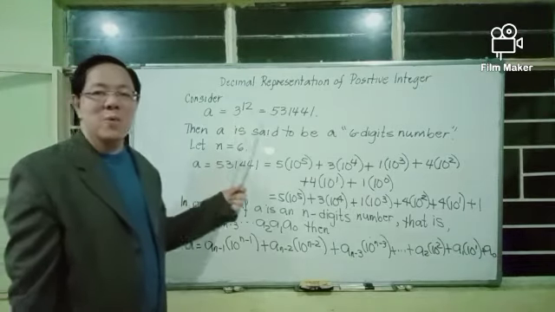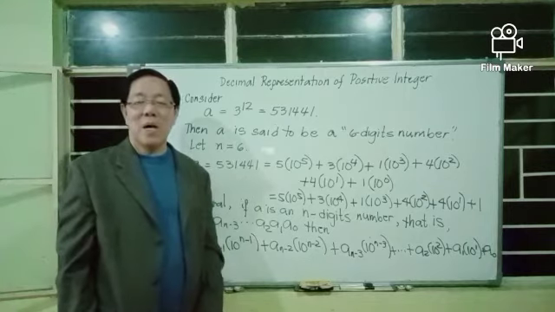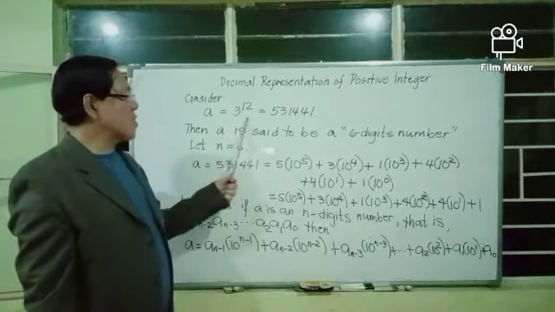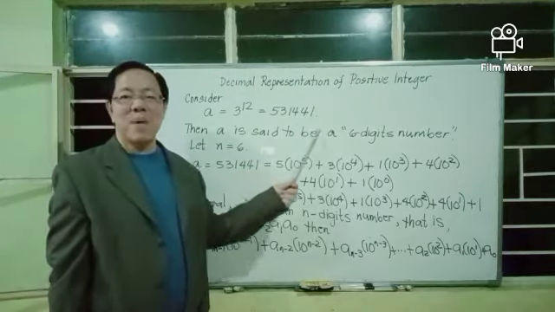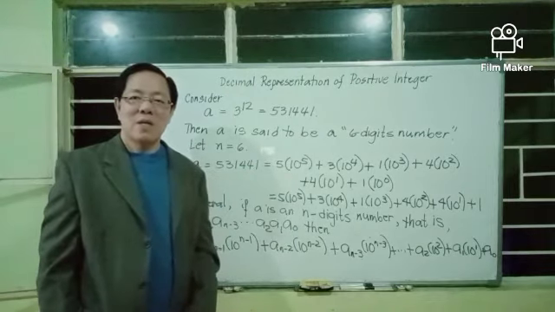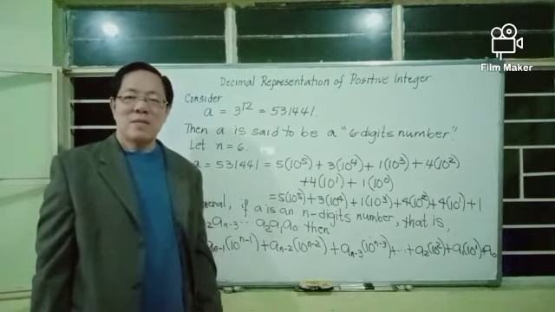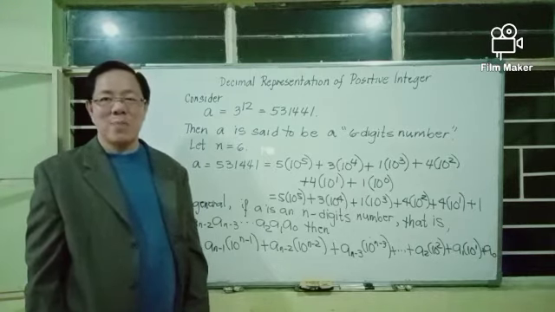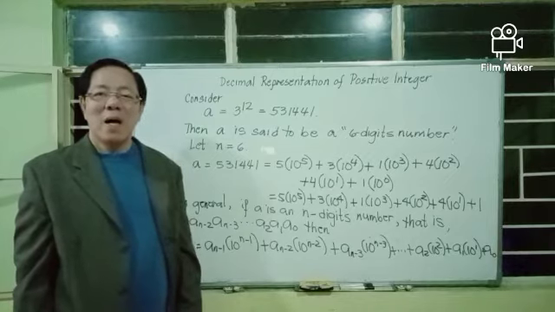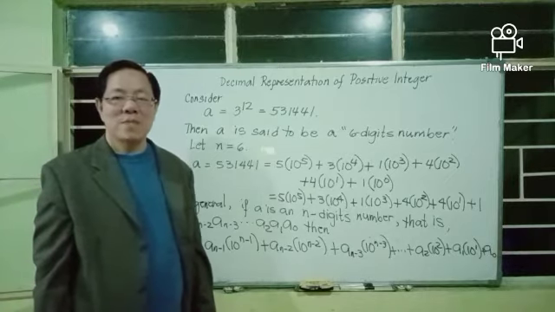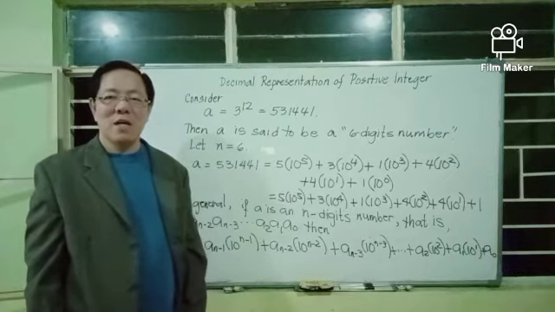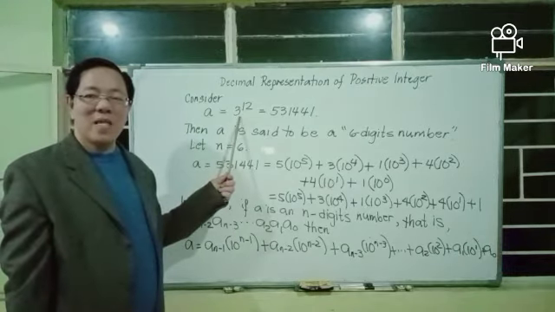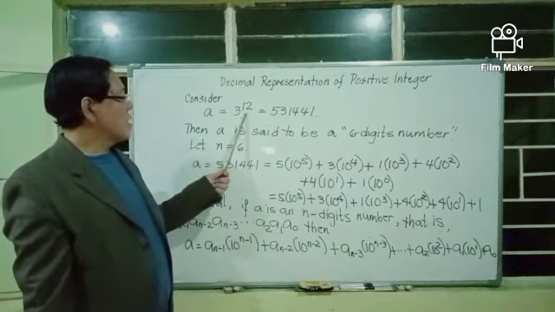Now, in some cases we cannot actually write the number in expanded form as a positive integer because there is a limitation in the number of digits that can be displayed in the calculator. But we can tell how many digits are there in the decimal representation of a number in exponential form.